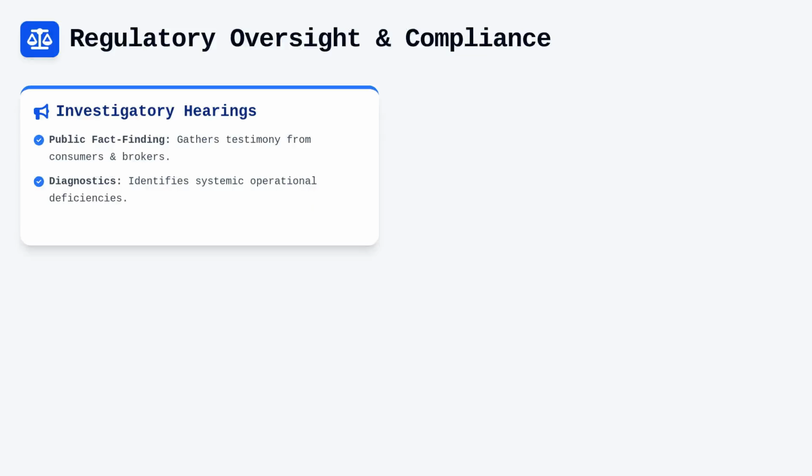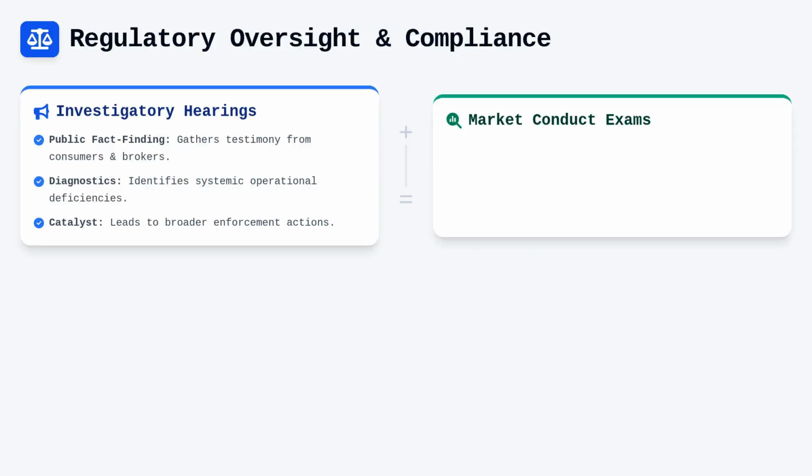These public hearings frequently serve as the catalyst for broader enforcement actions, exposing issues ranging from restrictive policy interpretation to processing delays. Complementing these hearings are targeted market conduct examinations, which are rigorous, forensic audits of the association's actual business practices and claims handling records.